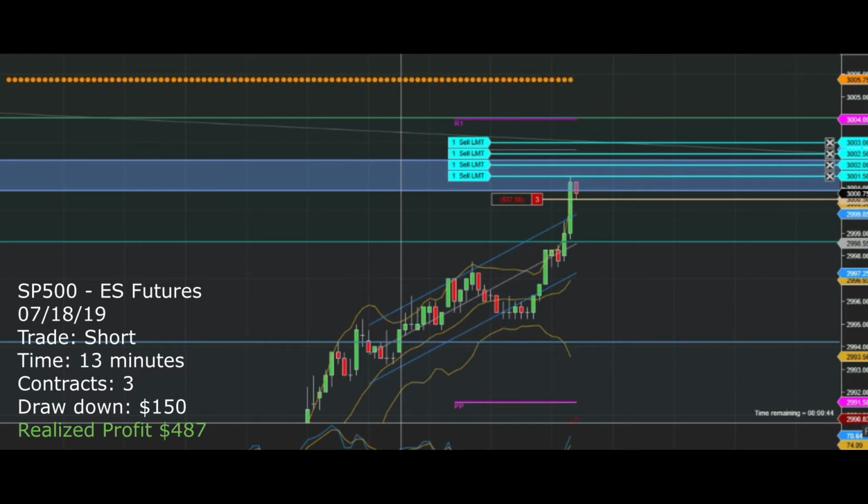Waiting patiently as a top begins to form, we hope. Taking a moderate amount of risk.